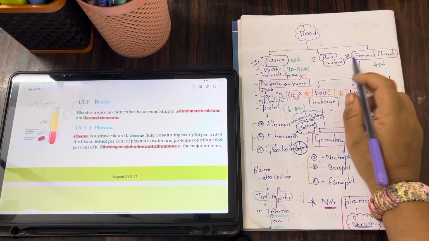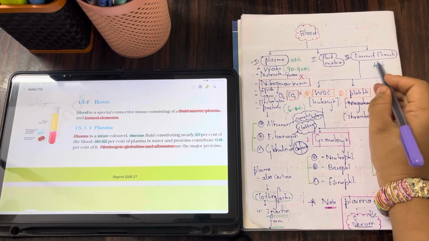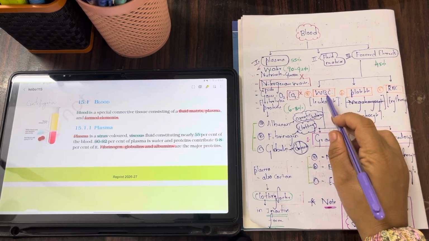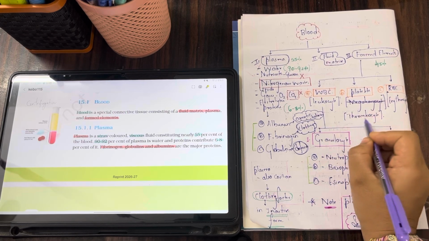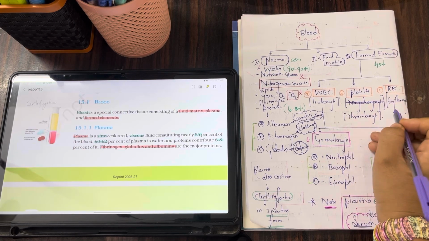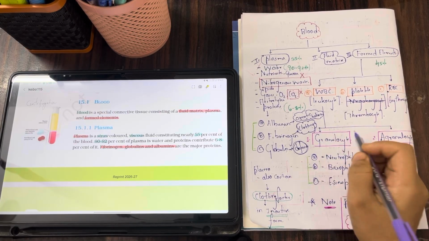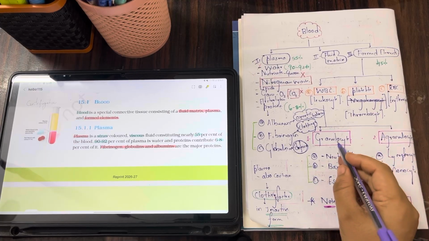Okay, and it has the fluid matrix and formed elements. Formed elements constitute 45% of the blood. They are mainly divided into WBC, also called leukocyte, platelets, also called thrombocyte, and RBC, also called erythrocyte. WBC is further divided into granulocytes and agranulocytes.